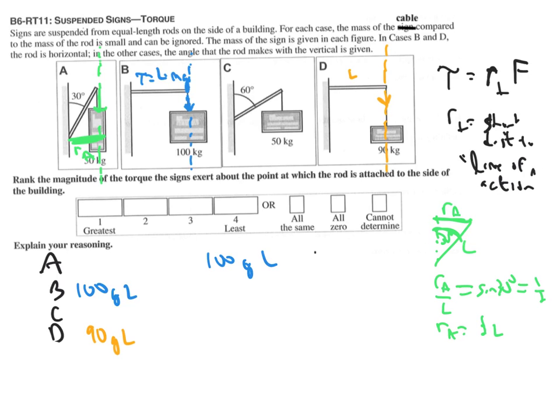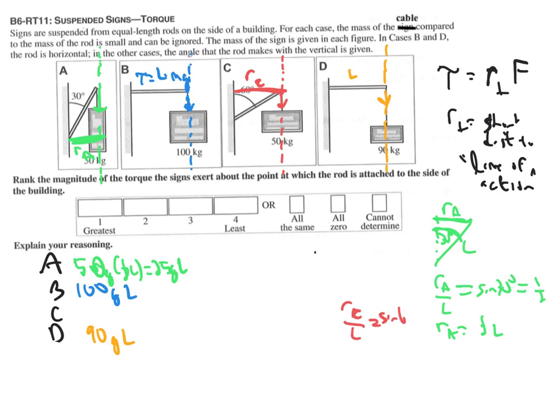Going back over here, then, we say the force would be 50 g, but the distance is only 1/2 L, so that's really just 25 gL. And then lastly, C. For C, this is the force, so that's the line of action, and we want that side, and we can see that that says that RC over L is sine of 60.